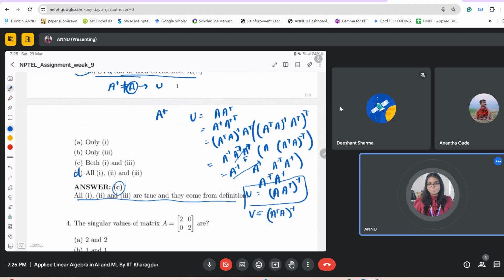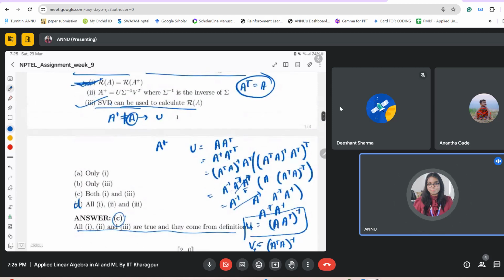U for A positive. So let's write this positive positive. As we know, if A has an eigenvalue of lambda, then A inverse has an eigenvalue of 1 by lambda.